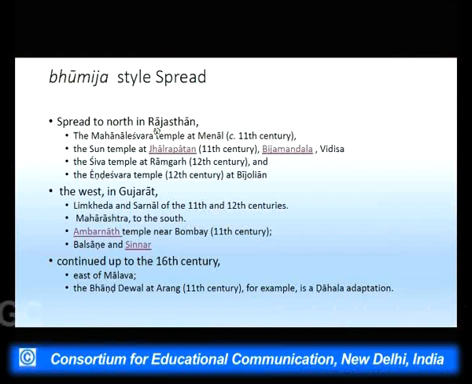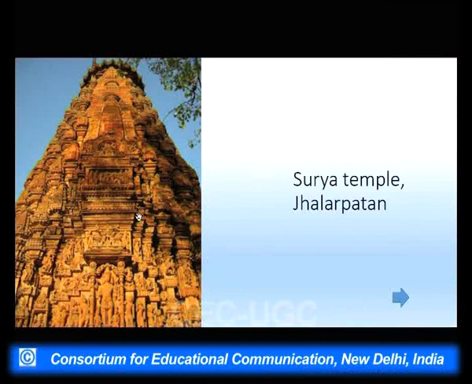So you have Mahanaleshwara at Menal, you have the Sun Temple at Jhalrapatan. You can see that you have Surya in the principal niche, and you have subsidiary deities. Then you have these spires or mini shikharas rising up to the Amalaka.